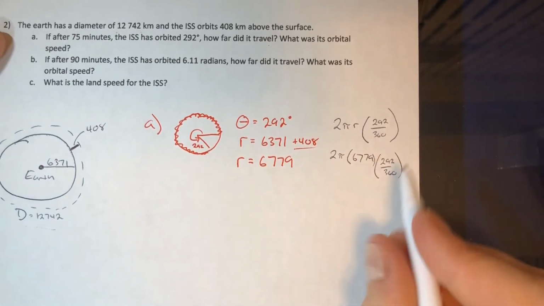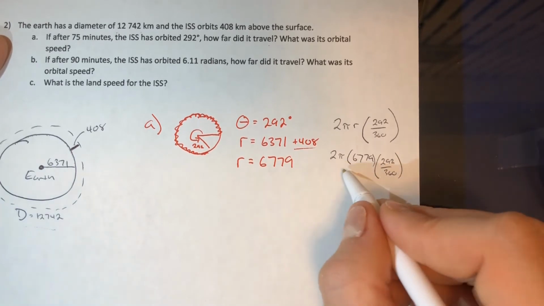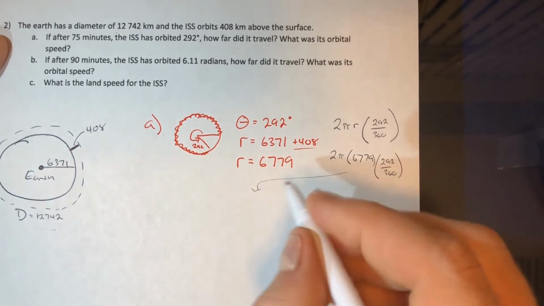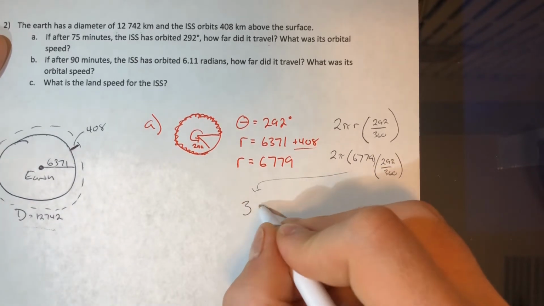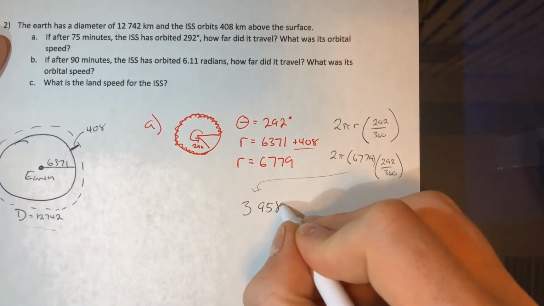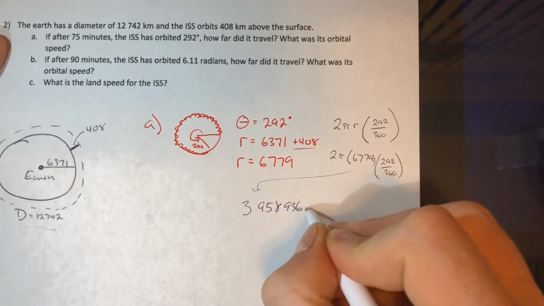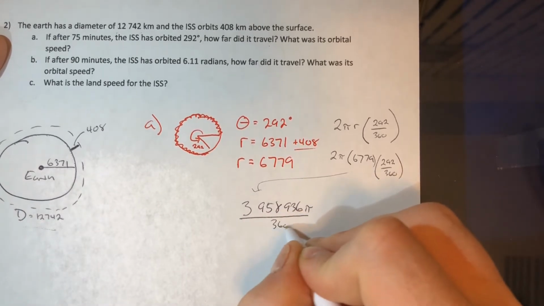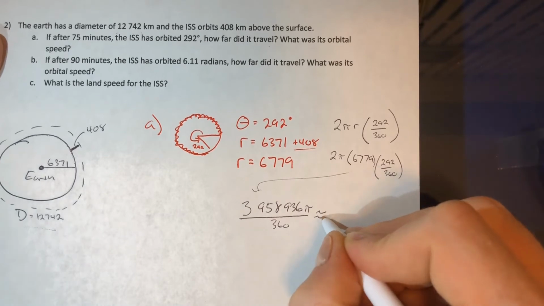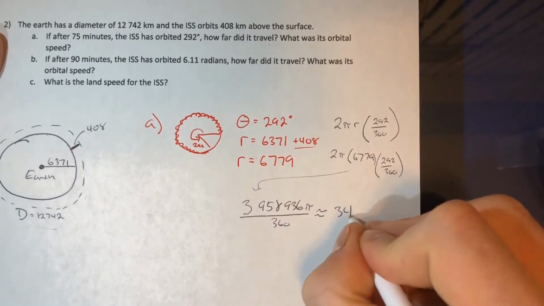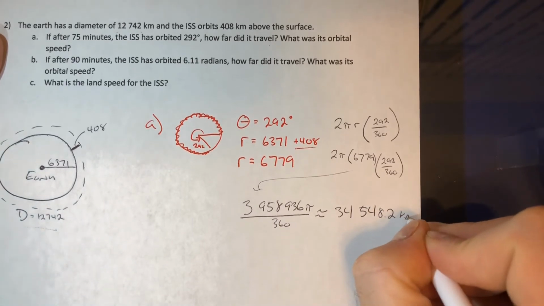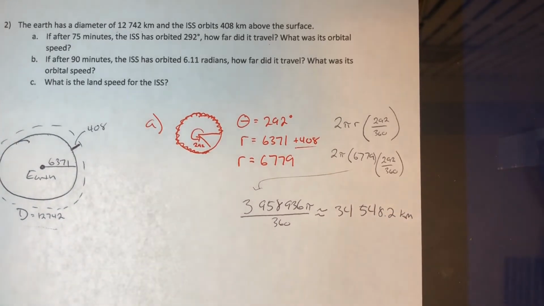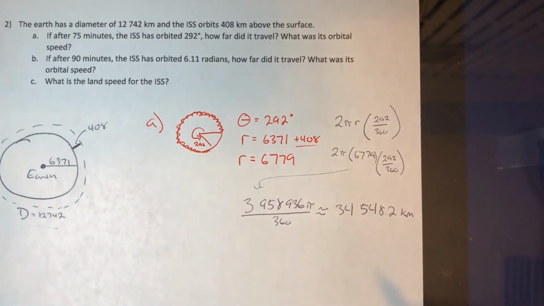If I multiply everything across the top, I'll get something like, let's see, I'm going to write this over here. That's going to be 3,958,936 pi over 360, which is roughly equivalent to 34,548.2 kilometers. So it's traveled pretty far.